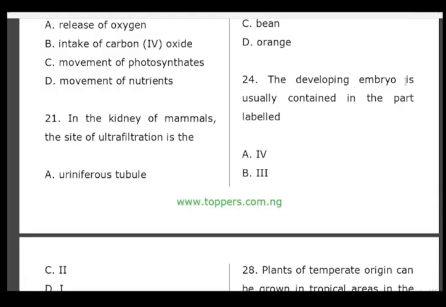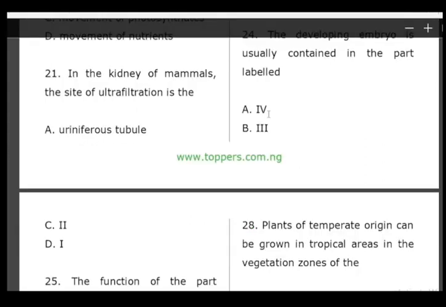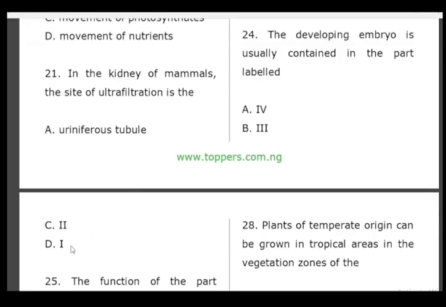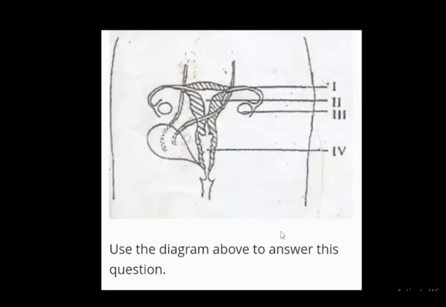The developing embryo is usually contained in the part labeled Roman numeral 4, Roman numeral 3, Roman numeral 2, Roman numeral 1. So that is question 24. We are looking for the part that is responsible for containing the embryo. Let us look at the diagram again. The part that houses the developing embryo is this part here.